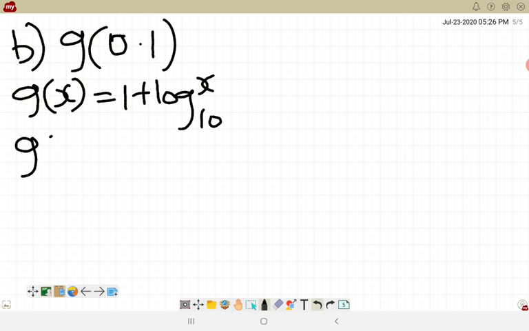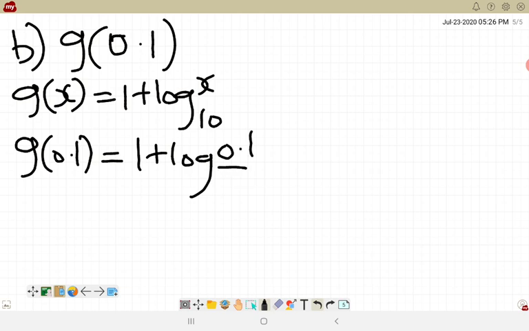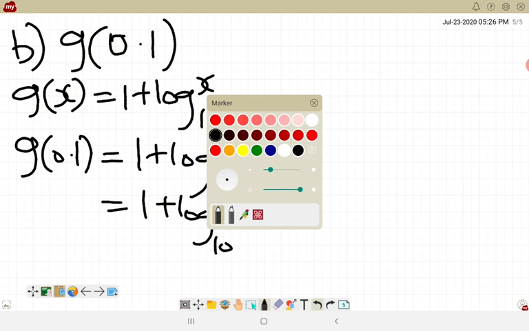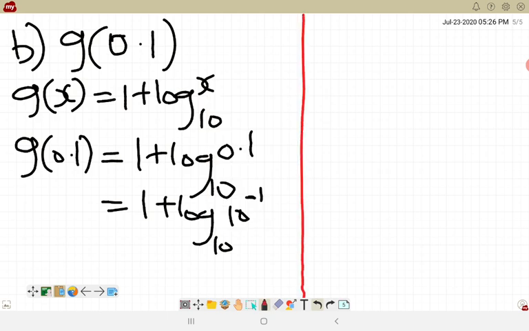So g of 0.1 will be 1 plus logarithm of 0.1 to base 10. 0.1 equals 1 over 10, which is 10 raised to power minus 1.